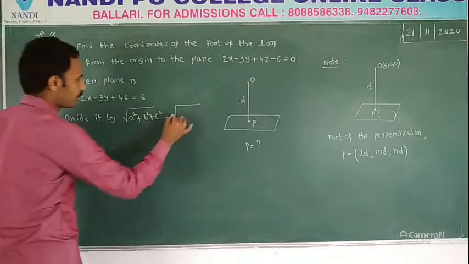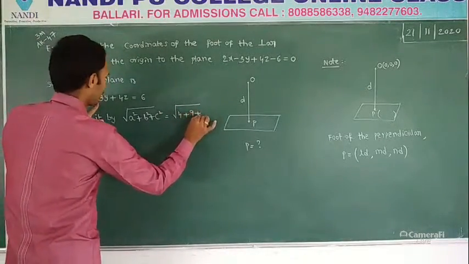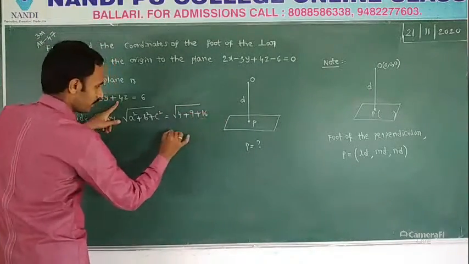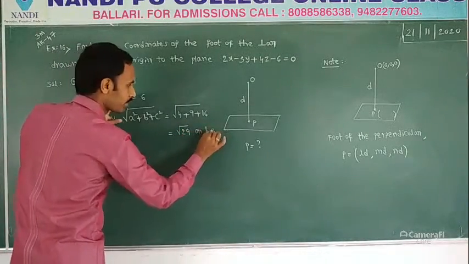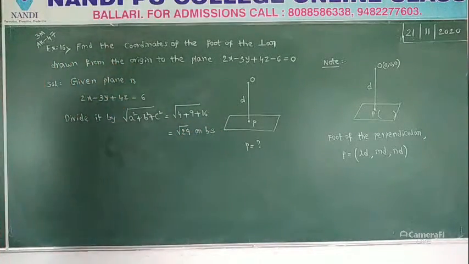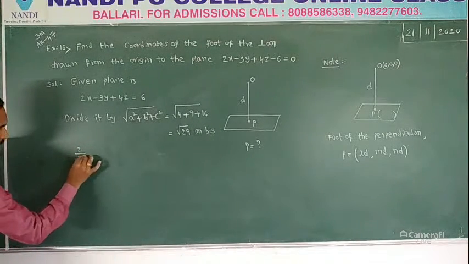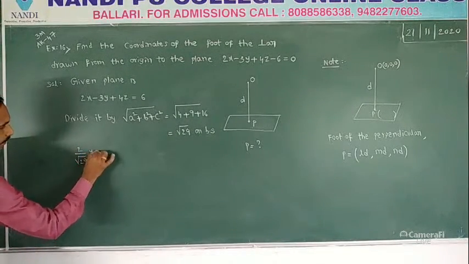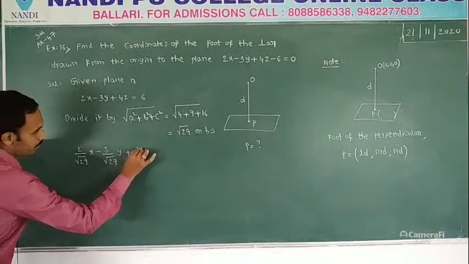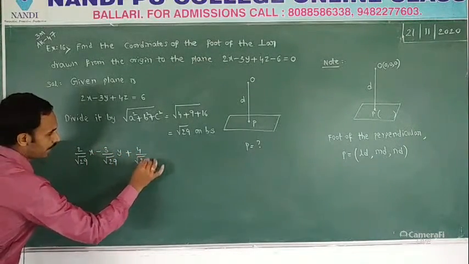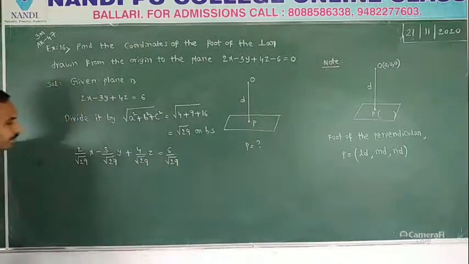So a square means 2 square is 4, minus 3 whole square is 9, 4 square is 16, equal to root 29. So divide each term by root 29. So 2 by root 29 into x minus 3 by root 29 into y plus 4 by root 29 into z is equal to 6 by root 29.